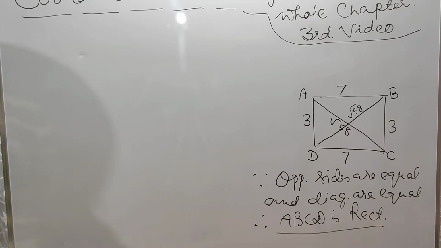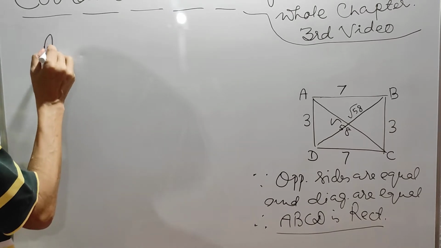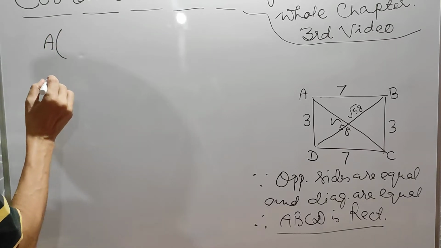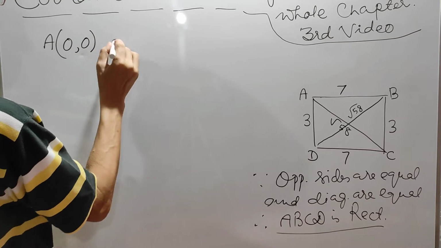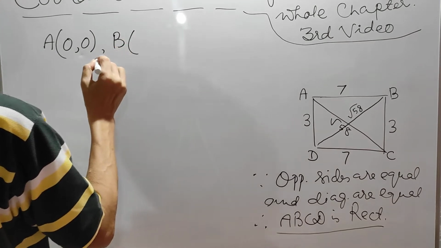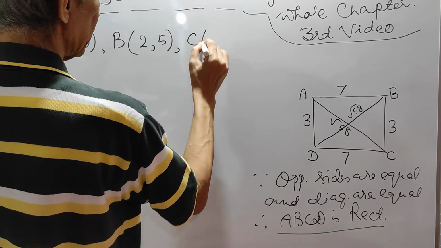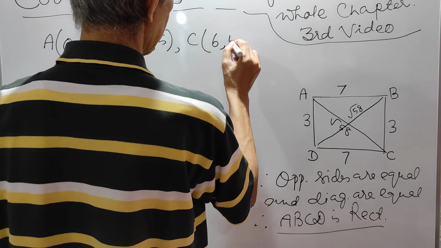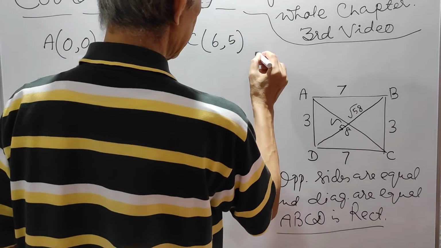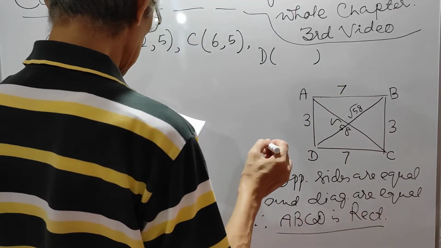So again, these 4 points are given. A is given (0, 0), so this is the origin. Then B is given (2, 5). Then C is given (6, 5), and D is given (4, 0).